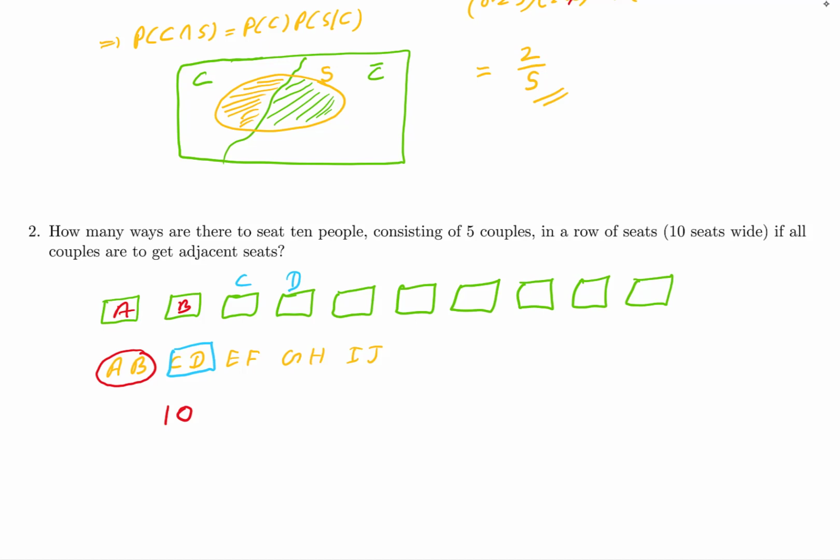So CD, this one, this one, this one. Or similarly, DC, DC, DC, DC. So how many ways? 1, 2, 3, 4. Similarly, 5, 6, 7, 8. Yes, the second one is 8.